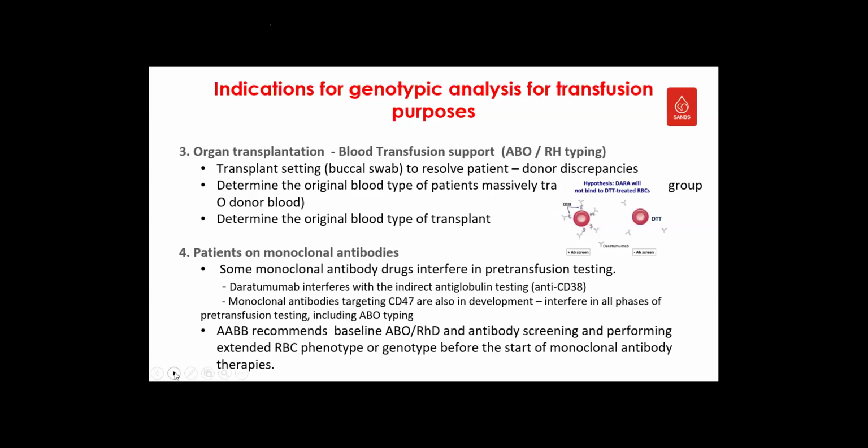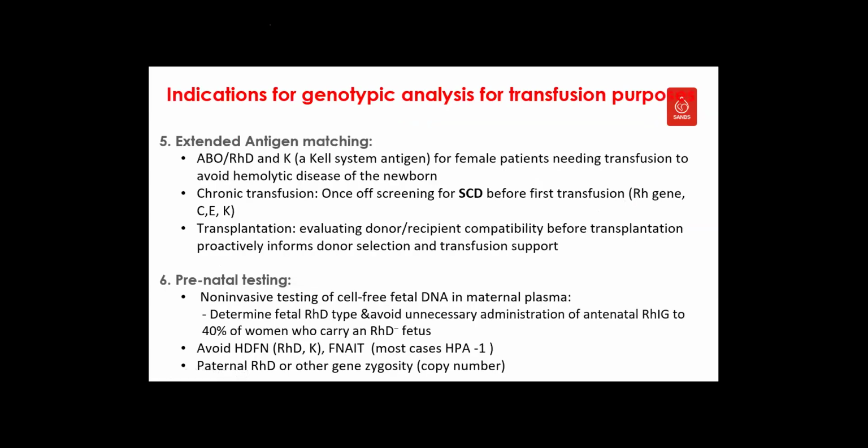So obviously the other indication for extended antigen or genotyping is in the setting of preventing hemolytic disease of the newborn. So here we can genotype pregnant females for ABO and the KEL system, and obviously the RHD, which is the main player.